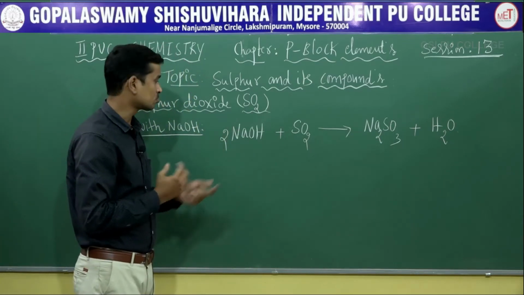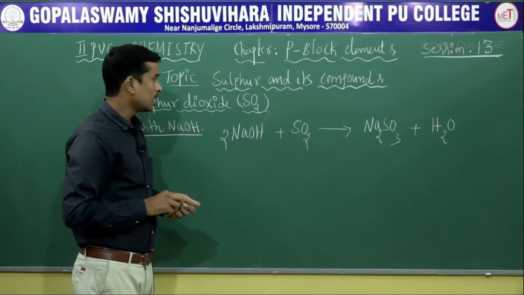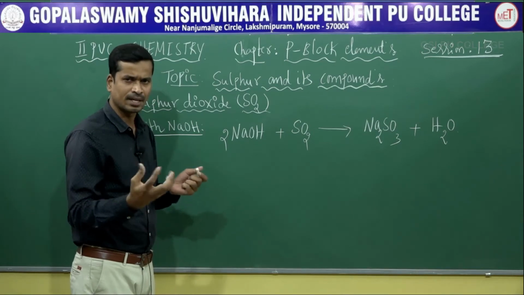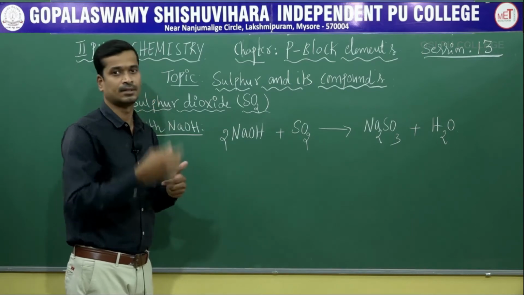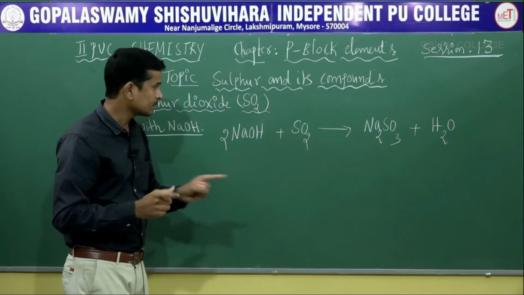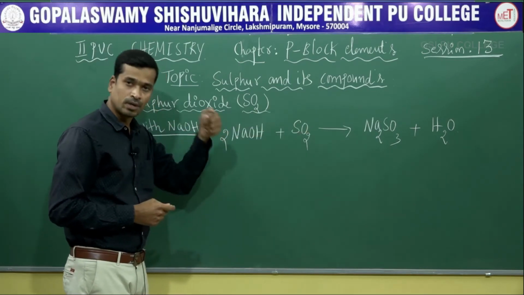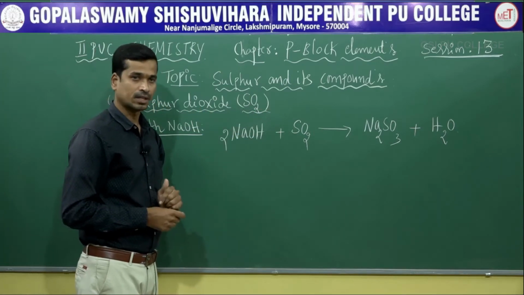Alkali means sodium hydroxide. The best example is the lime water test. Calcium hydroxide, lime water, when carbon dioxide gas is passed through, you get a precipitate, formation of calcium carbonate. In the same way, sulfur dioxide passed through sodium hydroxide forms sodium sulfite along with water. Clear?